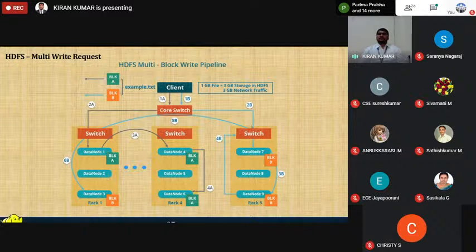We also saw the problems in the traditional approach, and how to overcome them with Hadoop. We saw the introduction to Hadoop, Hadoop blocks, the Hadoop architecture and the different nodes in it, and how this architecture supports write requests. Read requests I have not yet started. These are the topics we have seen till now.